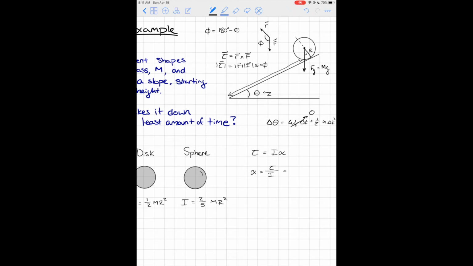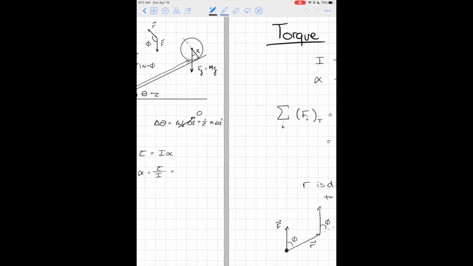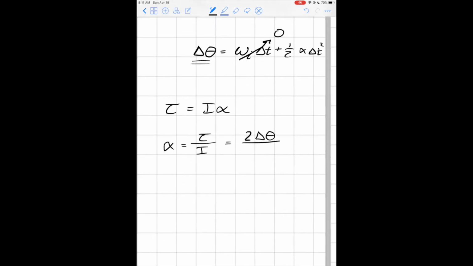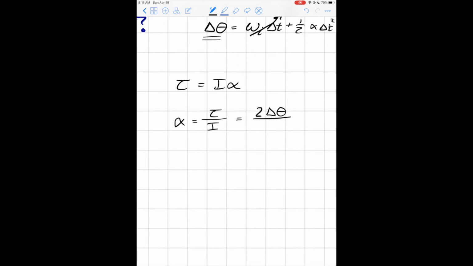So alpha is equal to 2 times my delta theta, not talking about the angle of the slope, but the angular position that I'm rotating through in my object, divided by delta t squared.